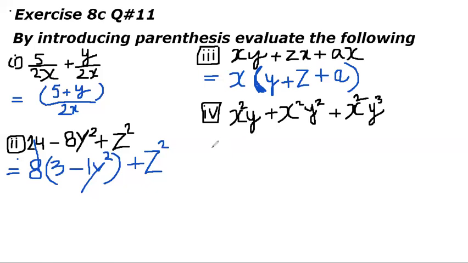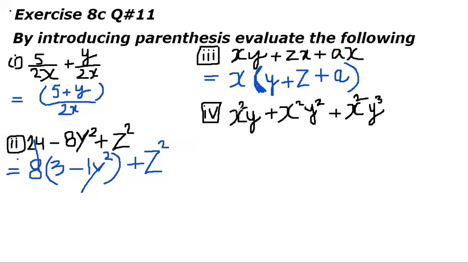Now in question number 4, x square y plus x square y square plus x square y cube. Focus on the question and you can see x square and y are common.